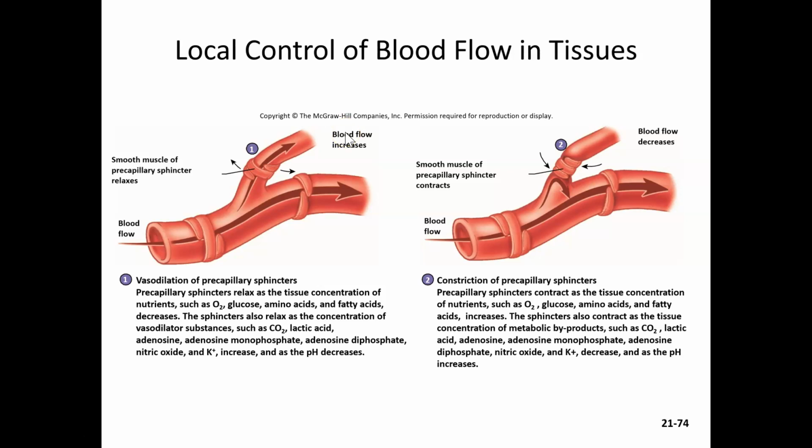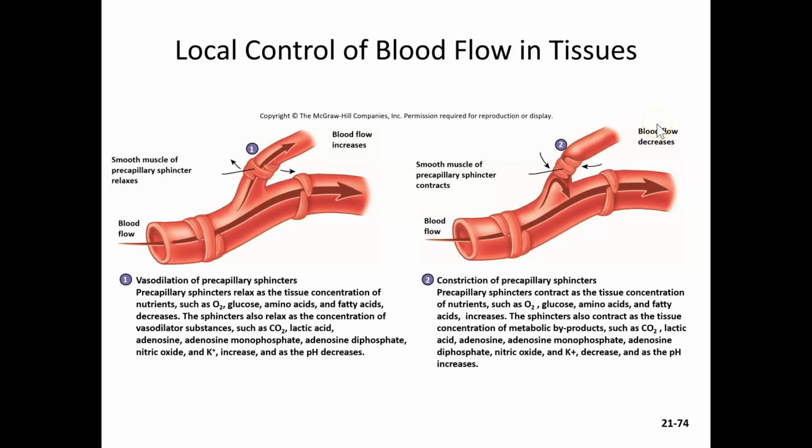Now, if we have the opposite action take place and our tissues have a larger concentration of nutrients like oxygen, glucose, amino acids, and fatty acids, then our precapillary sphincters are going to contract. And when they contract, that closes up the lumen to our capillaries, and our blood flow is going to decrease to that tissue.